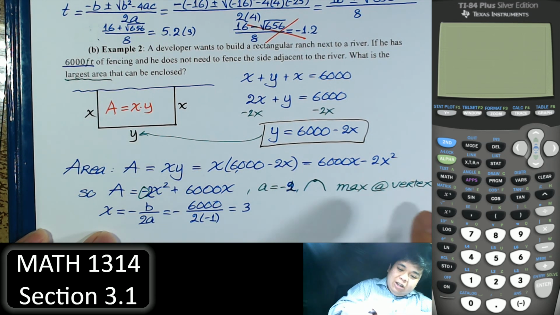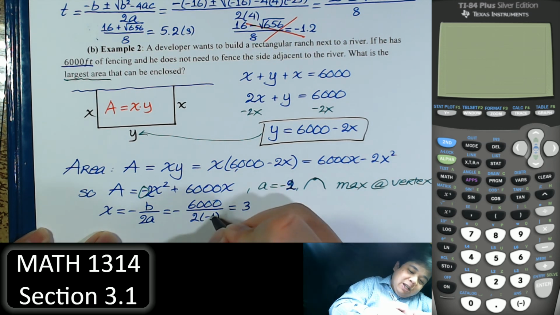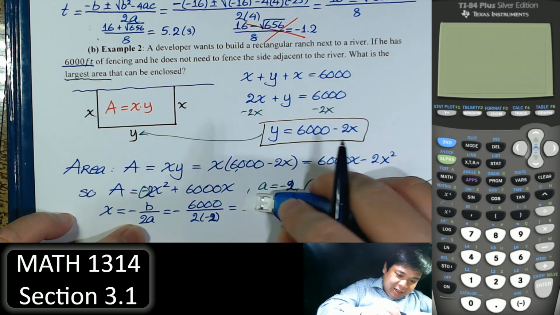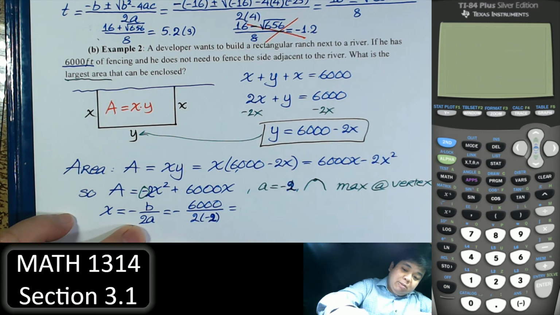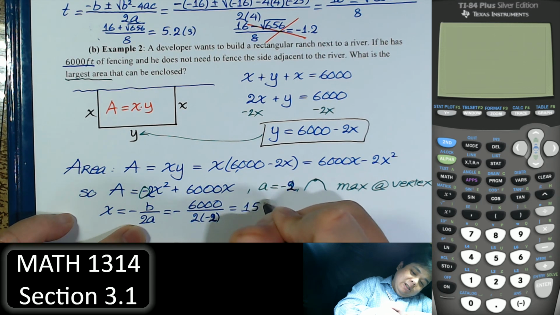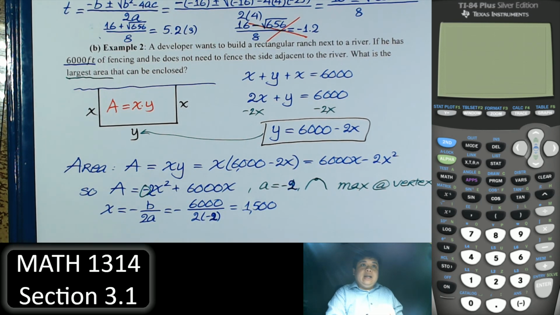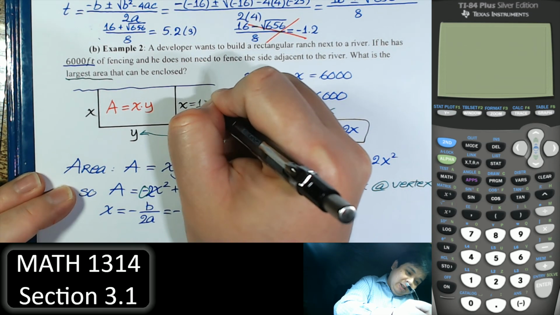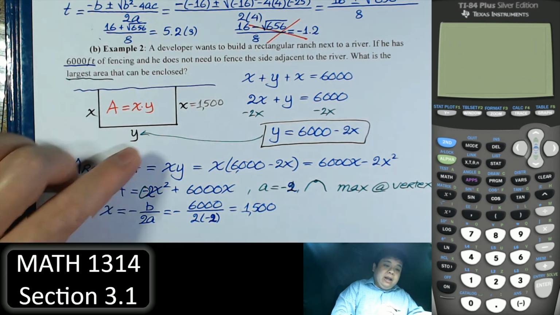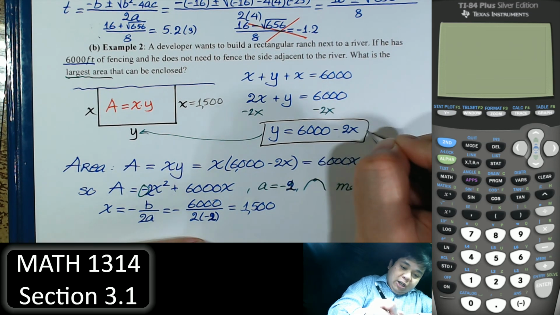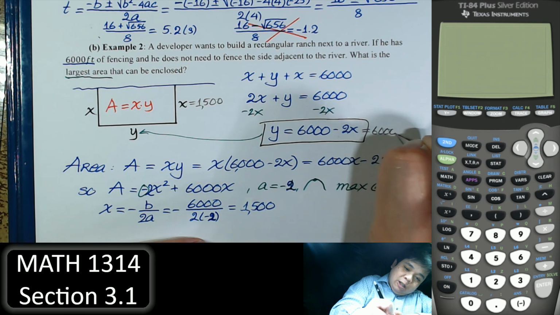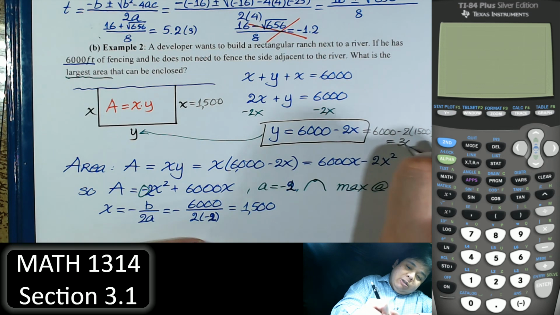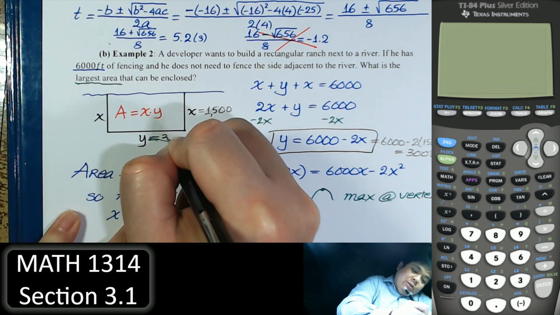Still open down, still a maximum at the vertex. So 6,000 divided by 4 is 1,500. Now we have x equal to 1,500. Substitute in for y: 6,000 minus 2 times 1,500. So that will be 3,000. So y is equal to 3,000.